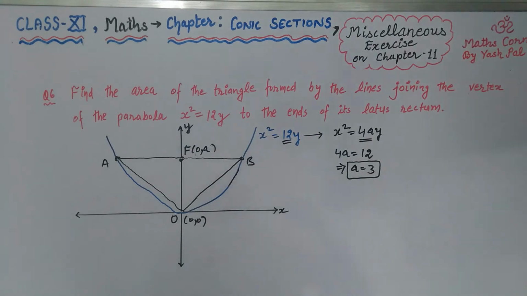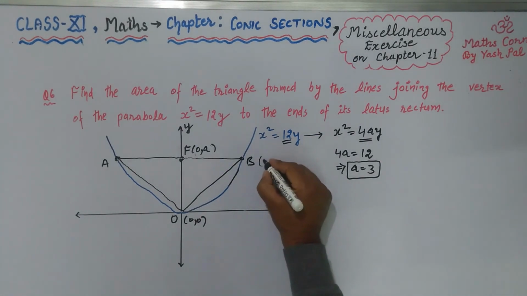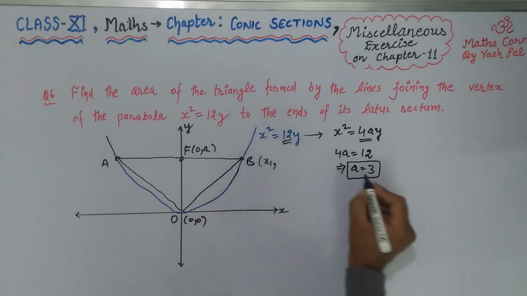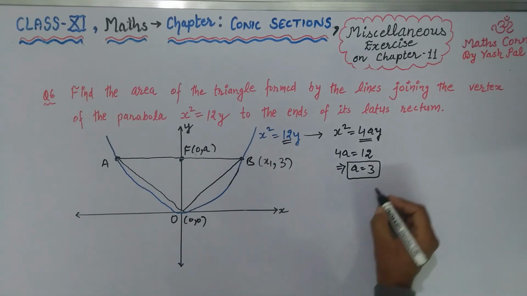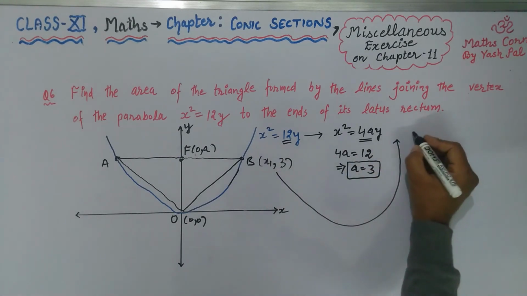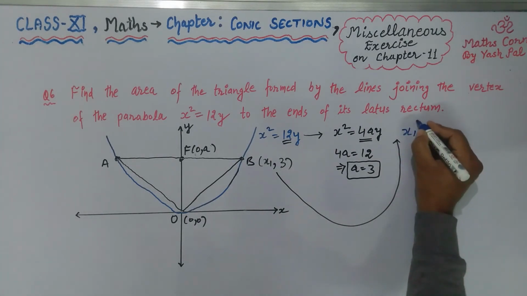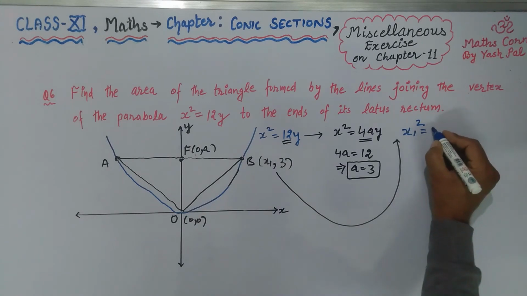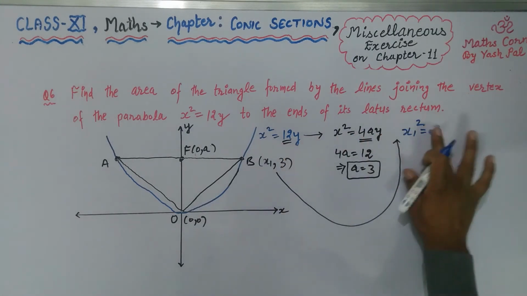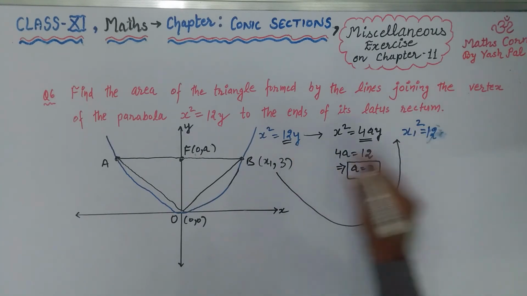Now what are the coordinates of this point B? Suppose this is (x1, a), the height is the same, so the value is 3. Now this point satisfies this equation, so x1 whole square is equal to 12 into y, which is 3.